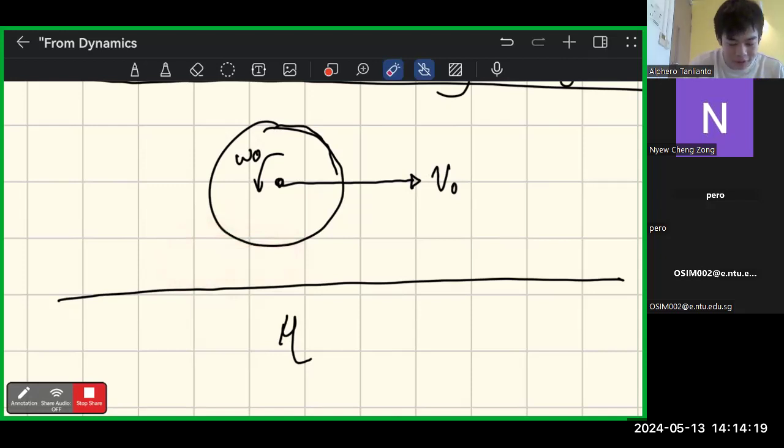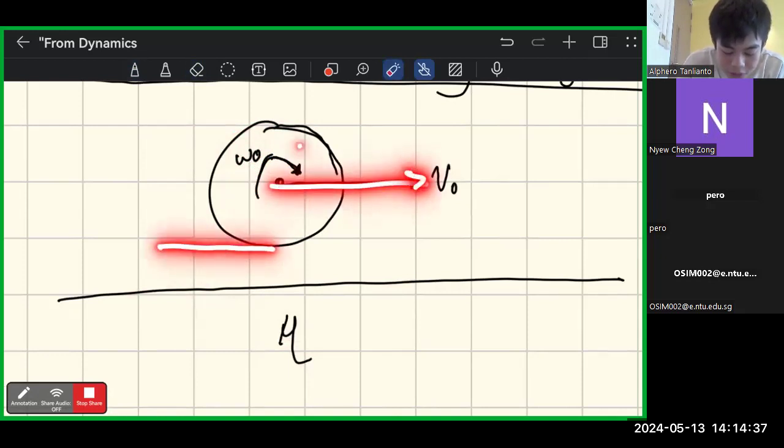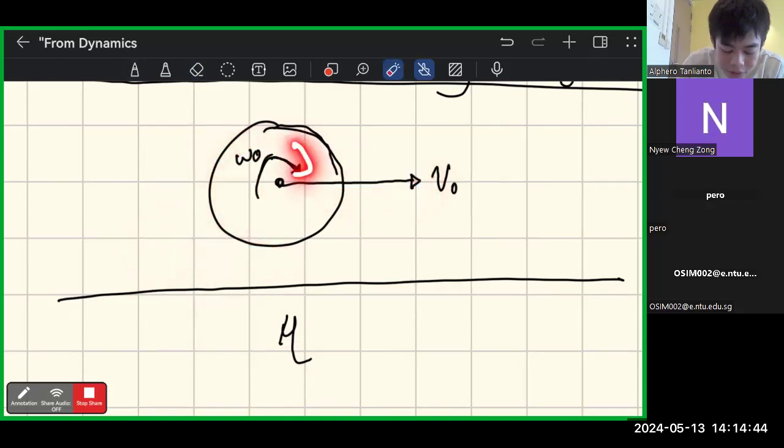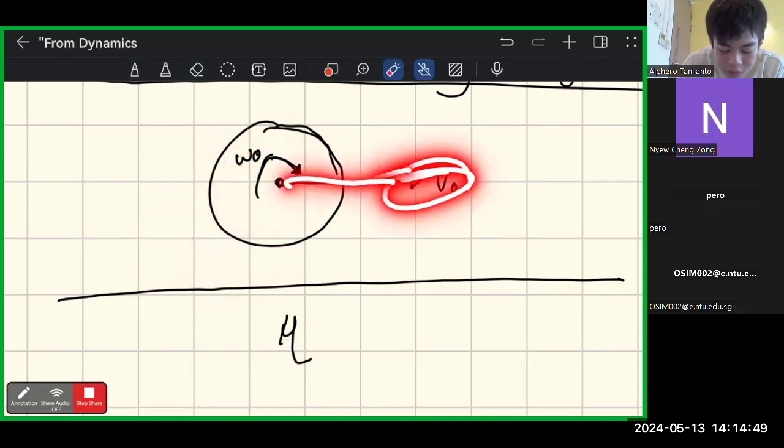But you have a dilemma if it's rotating this way. How are you going to take care of this? When there is no angular velocity and it's going to the right, the friction is going to the left. But when there is only angular velocity with no velocity, it's only rotating before it falls down, the friction is going to the right.